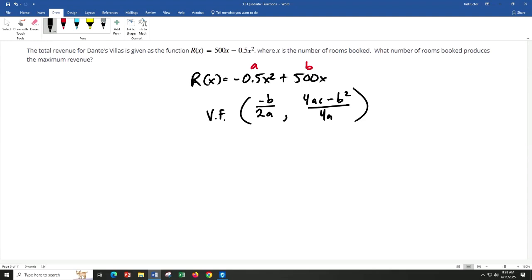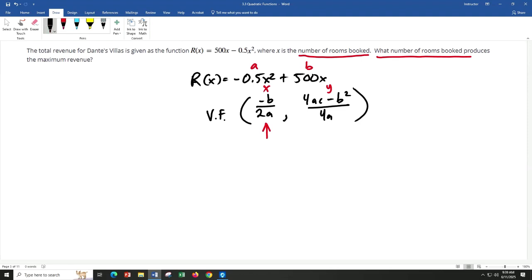So literally you can plug everything into the formula, can't you? My x is the number of rooms booked, and it's asking what number of rooms booked produces the maximum. So really, do I need to figure out everything? No, I only need which part of this? That guy right there, right?